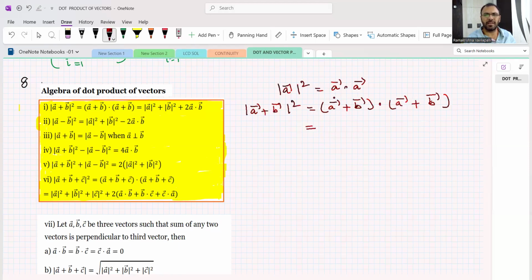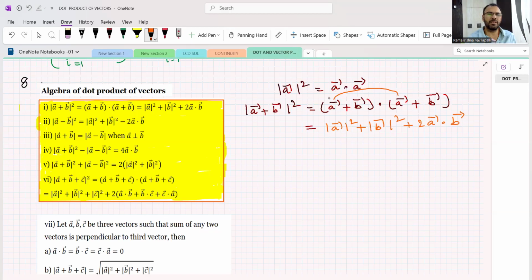You see that a dot a is nothing but mod a square, and b dot b is mod b square, right? And next you will get 2 into a bar dot b bar.